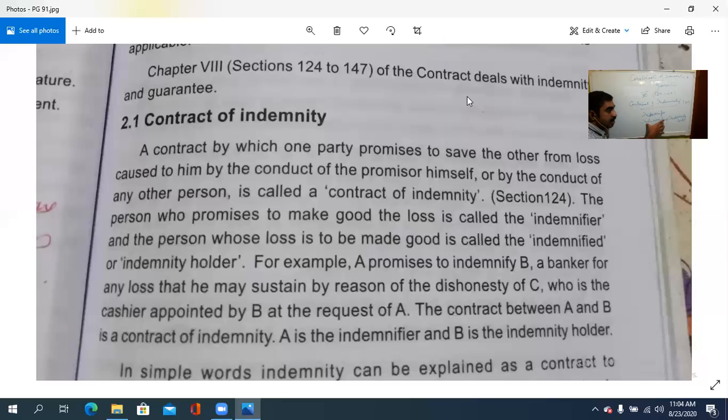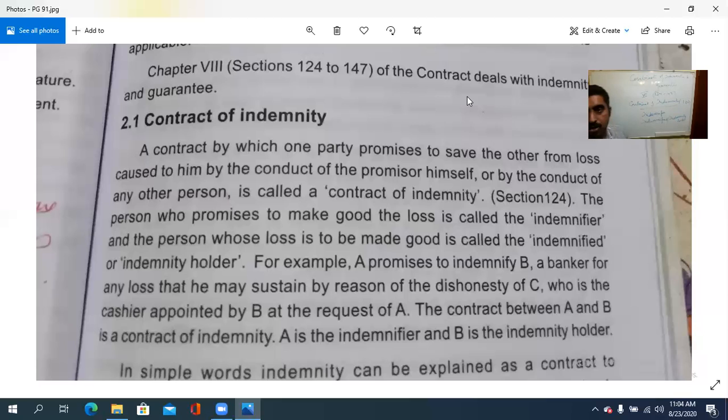So B is indemnified. Whose misconduct caused the problem? C, the cashier appointed by B on the request of A, fails to perform. Then the loss is there, and in order to avoid that loss, A promised to pay the money to B. So A is the indemnifier and B is the indemnified.